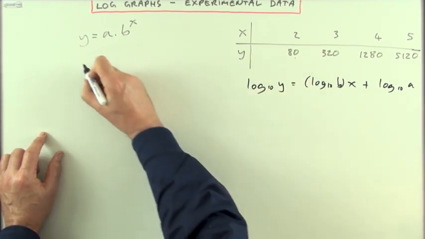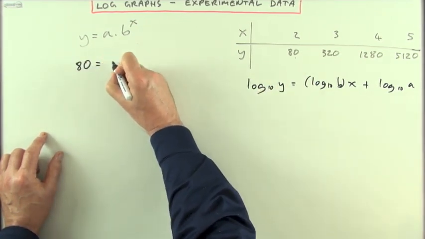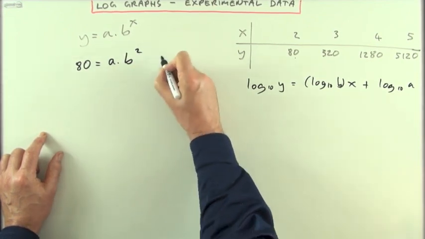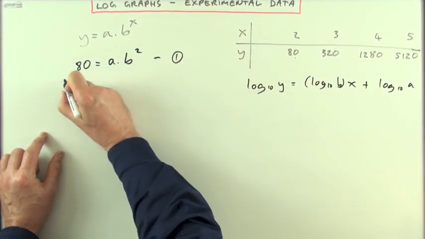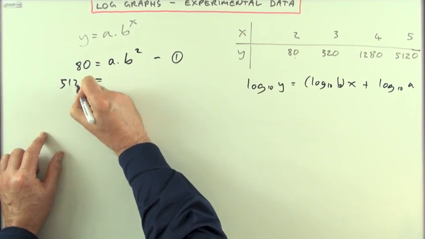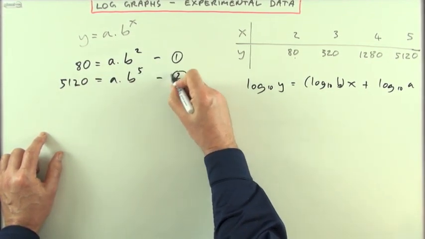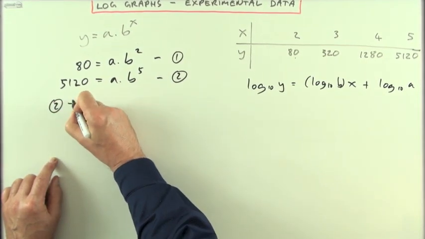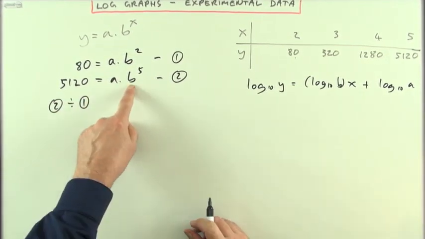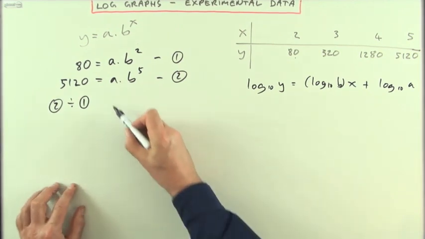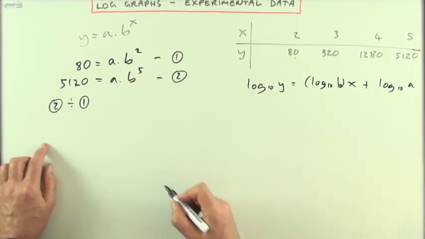So I'd have, as before, 80 equals a times b squared. There's one equation. 5120 equals a times b to the 5. There's another equation. The technique with these power equations is to divide them. That way the constants will divide out and so on.